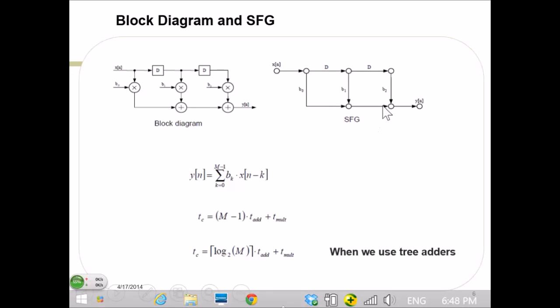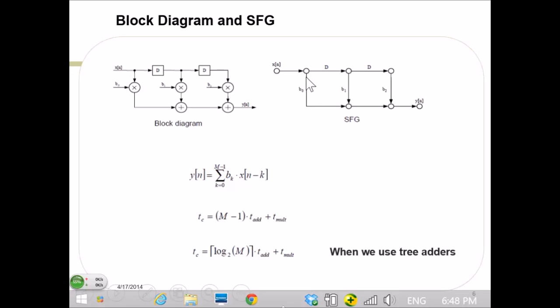Now, to find the critical path on this one, I need to count the path where there are no delays. Here I have one MAC and another MAC, so this is the bottleneck. If I'm using, say, an mth order filter, I need to do log m additions if I'm using tree adders, and then there is a multiplication delay.